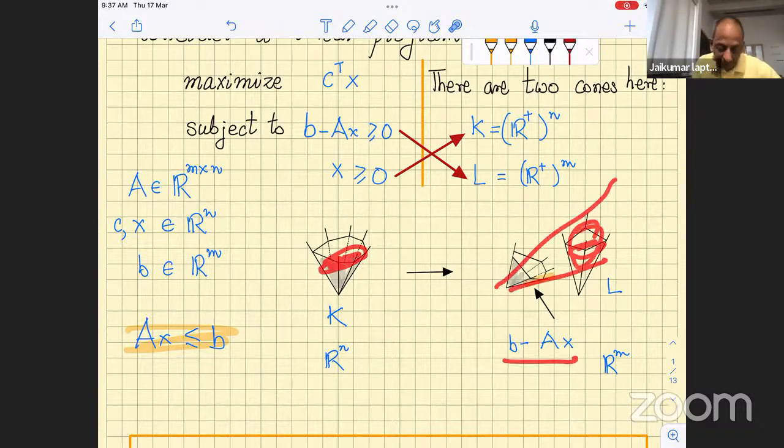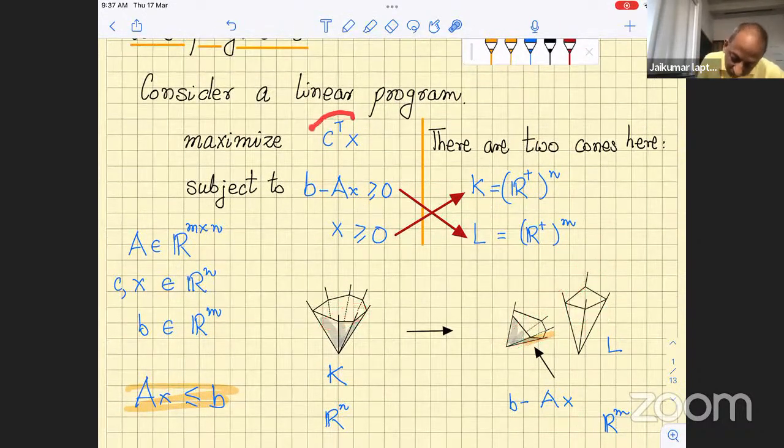They are our feasible points. And among those points, we are trying to find the one or the ones that maximize this linear function, C transpose X, where C is an n-dimensional vector of reals.